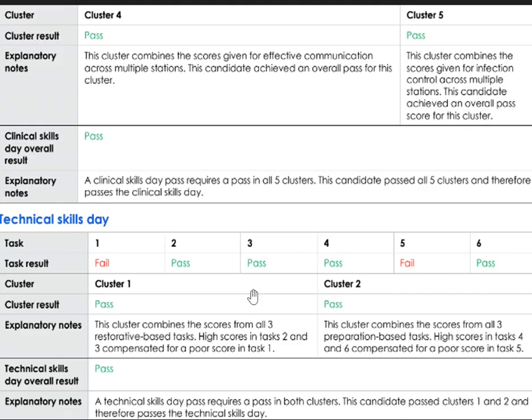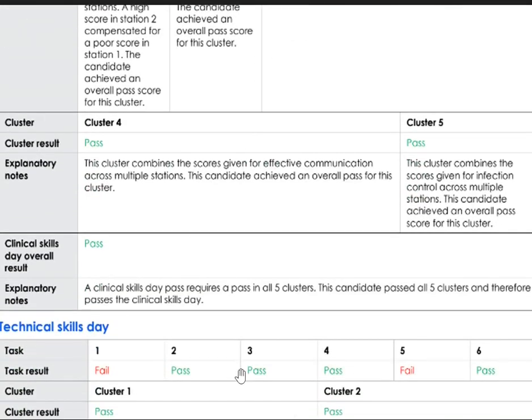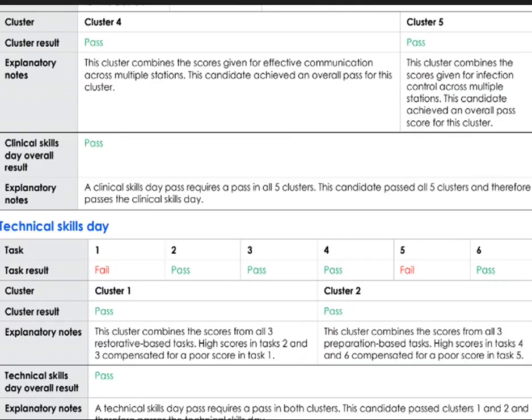So this is very important. This is what we tell the candidates, that even if you perform badly in a particular station on the clinical skills day or a particular task on the technical skills day, make sure that you don't fail it badly. Because if you are a close fail, then your good performance in the other station or task can compensate for the bad performance in one of the particular tasks or stations of the cluster.